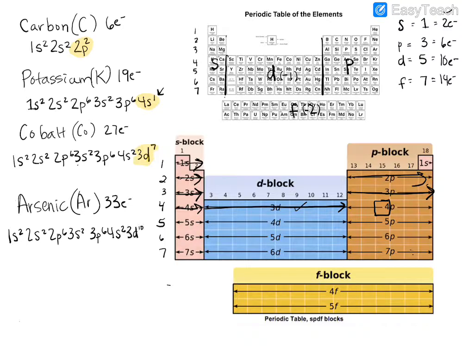So we go through 3d10, all right, and then we get to 1, 2, 3. So we're the third element in. So this is going to be your last set of quantum numbers. You can see that arsenic is the 4p3 element on the table. And so you write all of this, okay, leading up to that last sublevel.